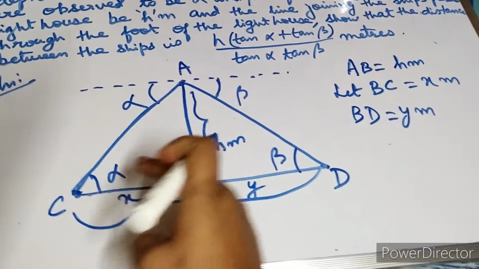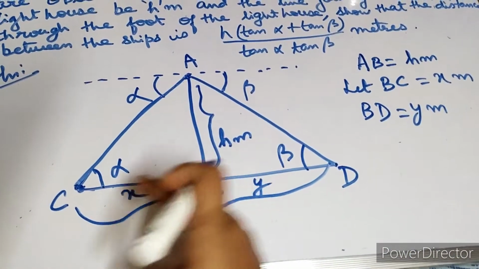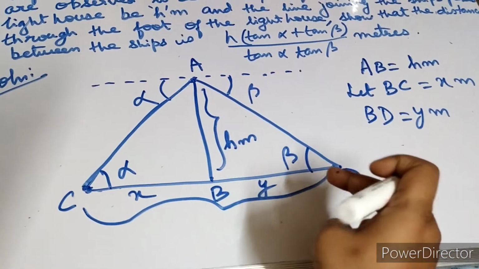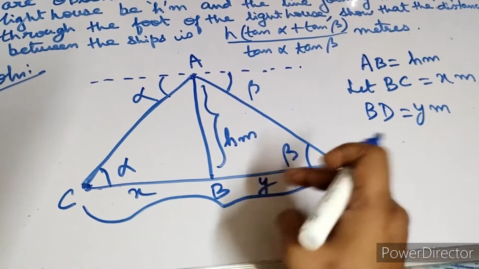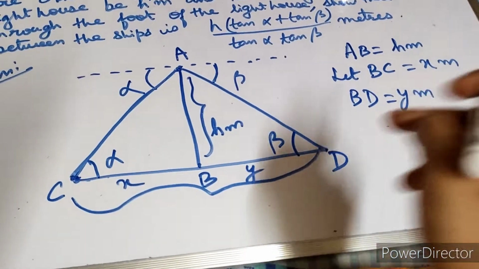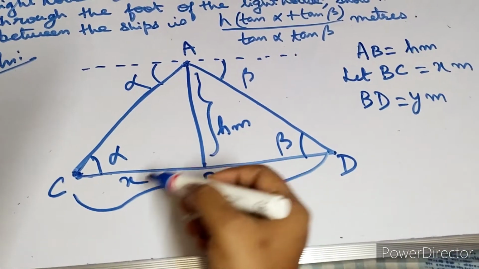You can write it: let the first ship be at x meter from the foot of the tower, and the second ship be at y meter from the foot of the tower, means BD be y. Okay, now this angle is alpha, and what do we know?